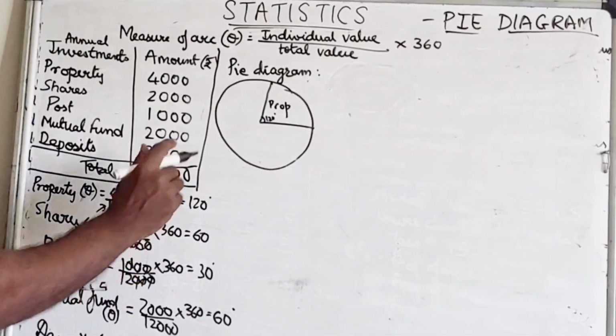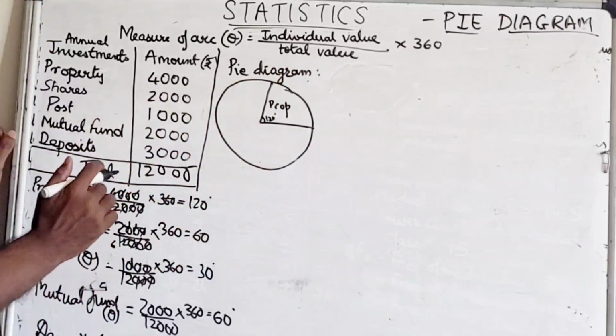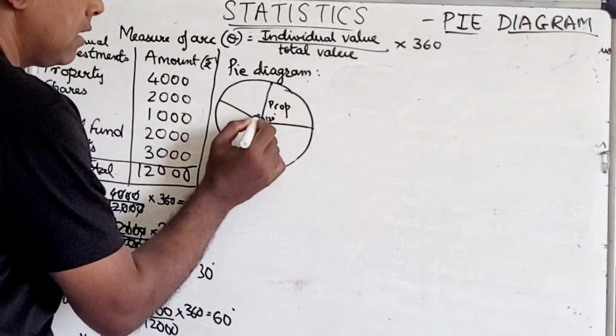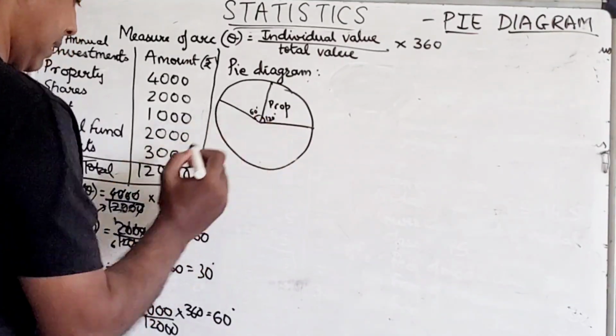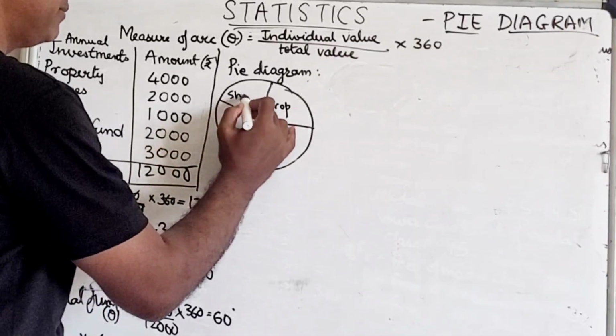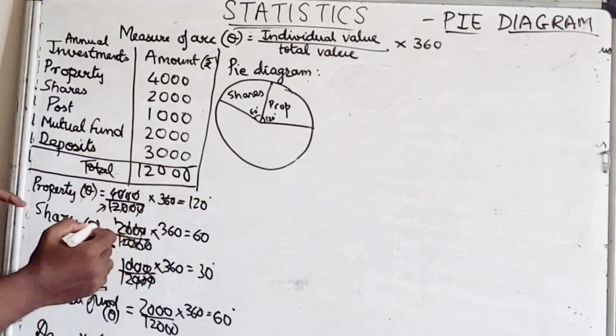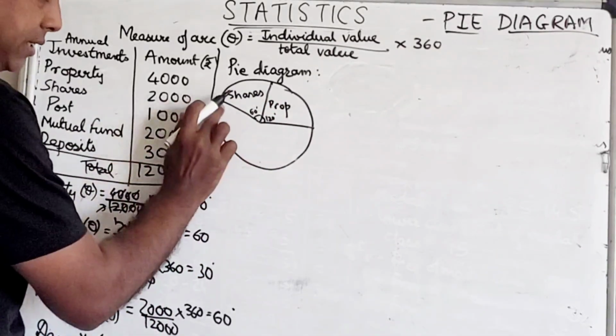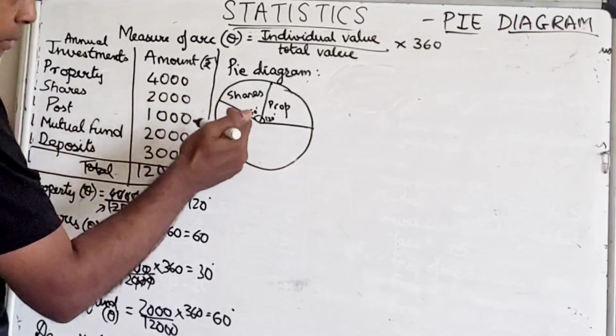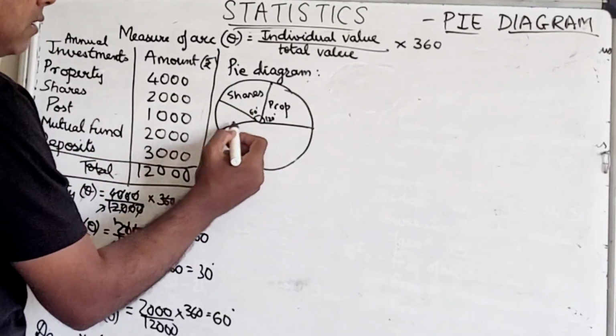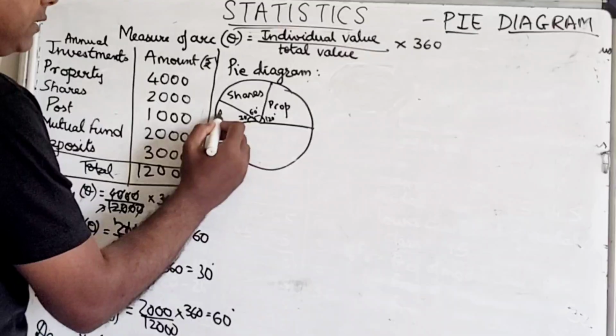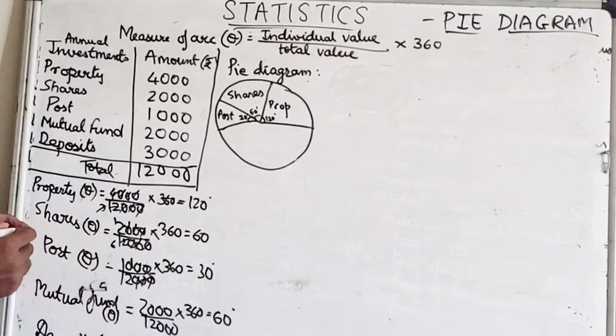Next is shares, 60 degrees. Keep the protractor on this line and take 60 degrees, and that is shares. Next is post, 30 degrees. Keep the protractor on this and measure 30 degrees. In post you have invested 1,000 rupees.